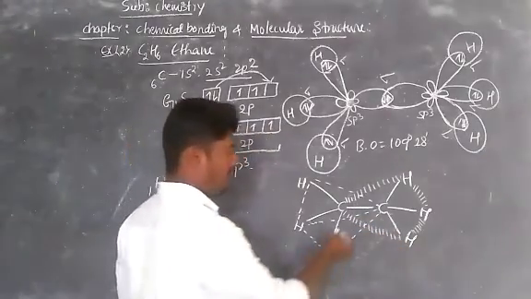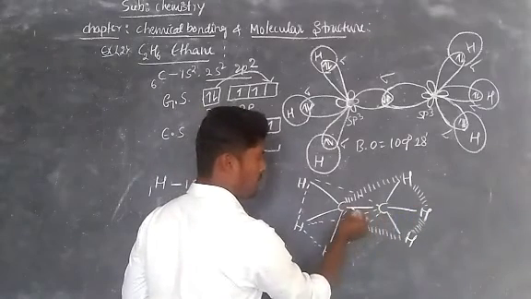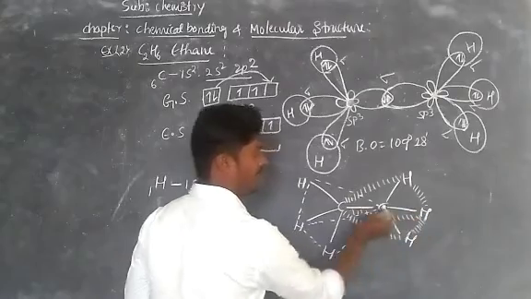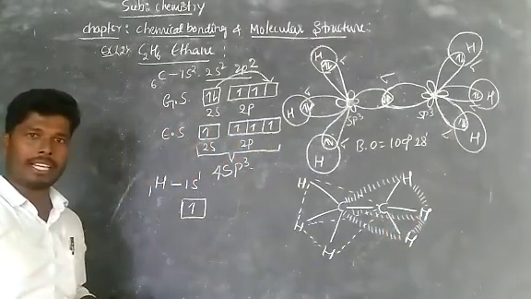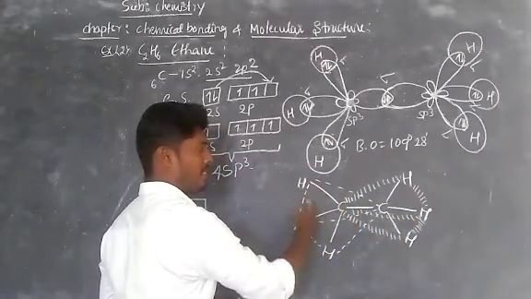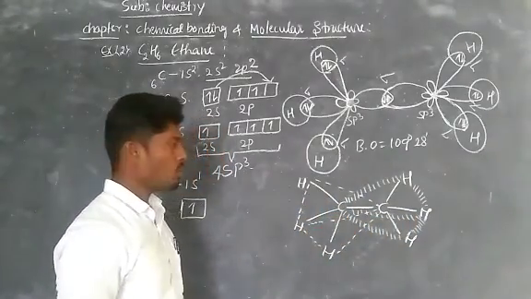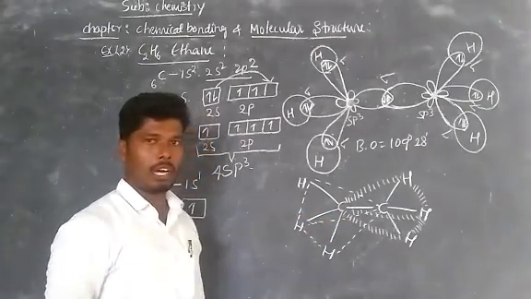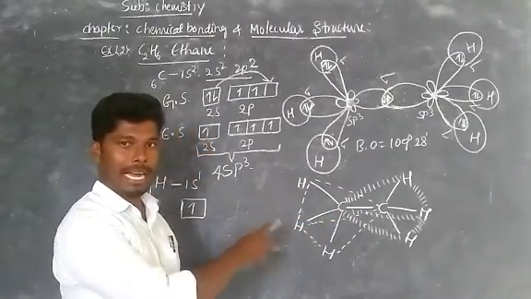Okay. Now observe here from this carbon to hydrogen, at the back of the central carbon. So you get the second sp3 hybridization. So this is one sp3 hybridization, and this is the other. Totally you get two sp3 hybrid carbons.